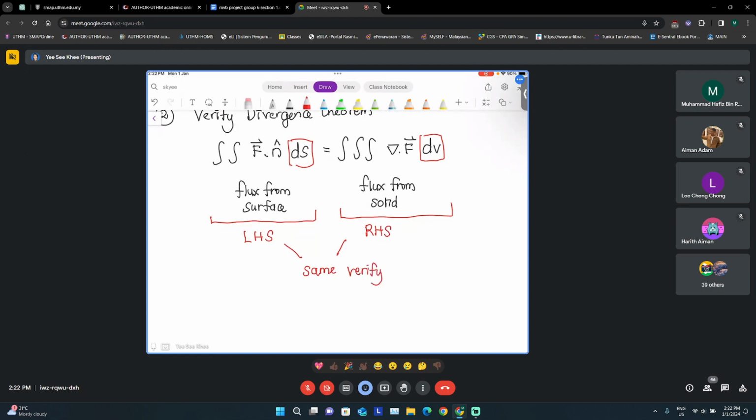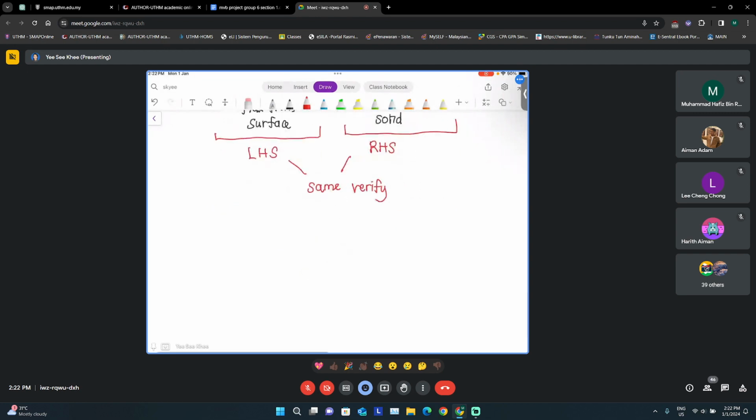Okay, clear? So we go to question 2b. Sigma is the surface of the sphere, and this sphere has the equation x squared plus y squared plus z squared equals a squared.